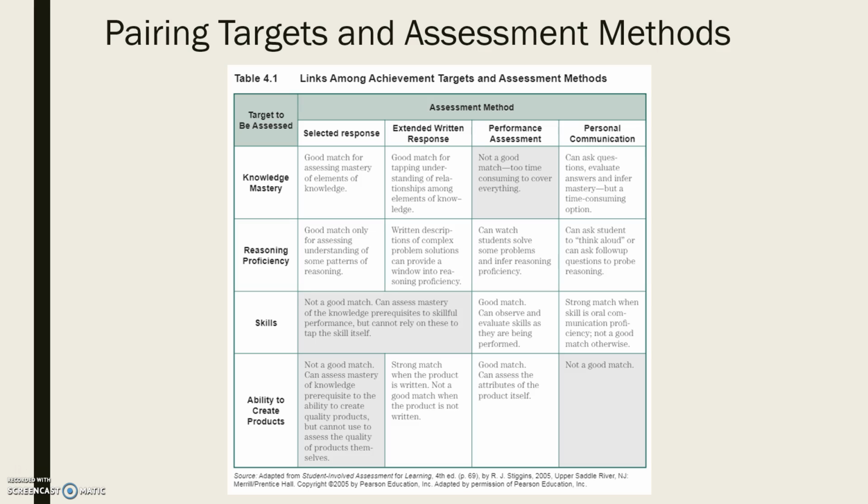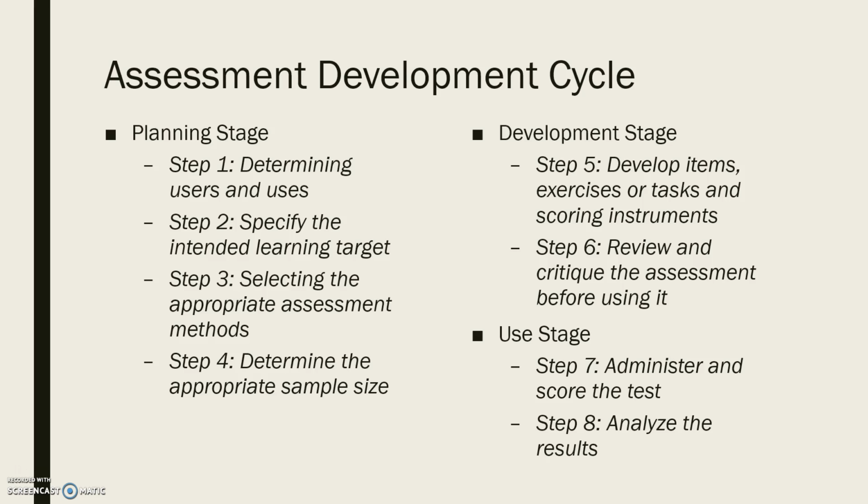Another example is that performance assessment would be poor for knowledge mastery because it could be very time consuming to have students perform so many things to show a large set of fact knowledge, whereas performance assessment would be very good for a skill type achievement target because it's a great way of showing that students have mastered a skill through performance. So using a chart like this, an appropriate assessment type can be chosen based on the achievement target that we chose in step 2.